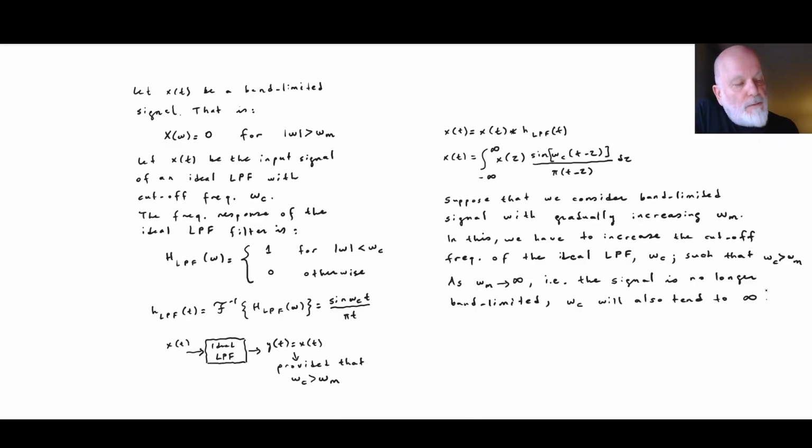Okay, as omega c tends to infinity, therefore H LPF of omega will tend to 1.